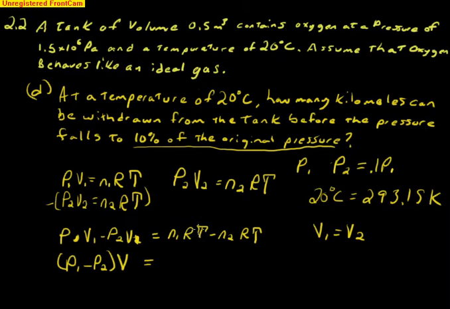And we can pull out these constants, R and T, and we'll have N1 minus N2 multiplied by R and T. And what is this? This is our difference in our moles, our kilomoles. This is what we need to solve for.